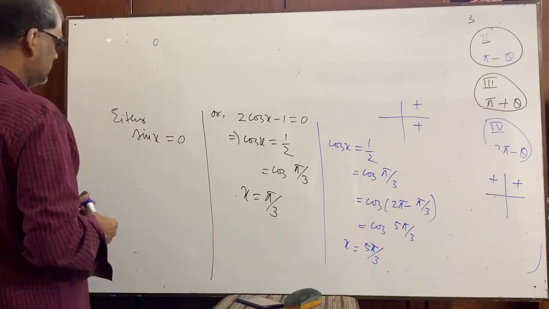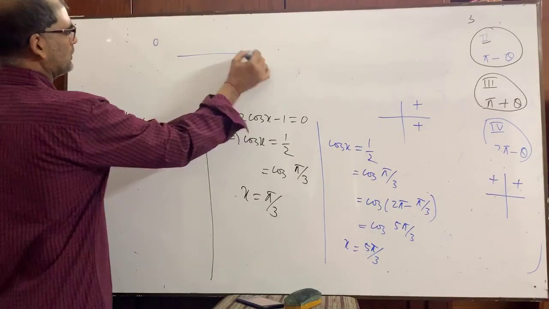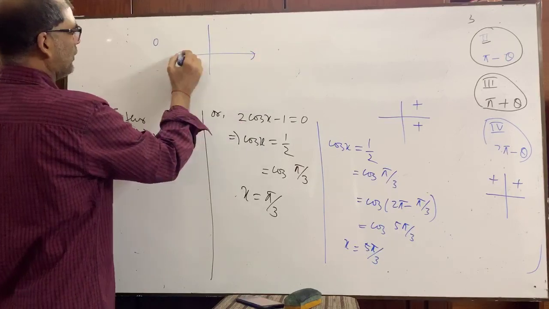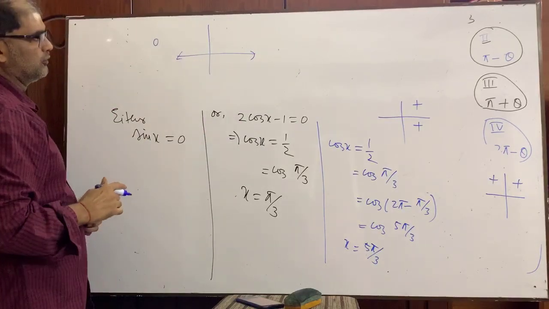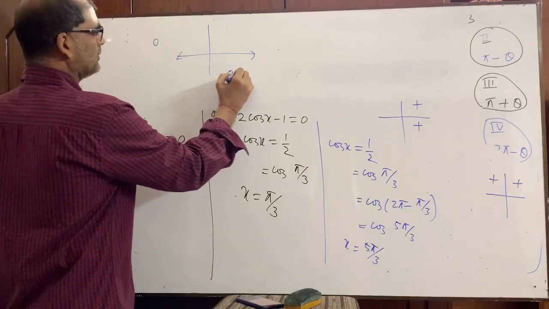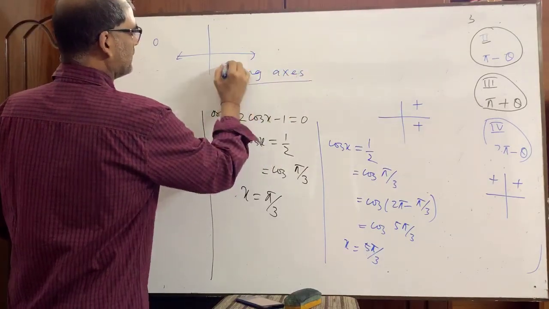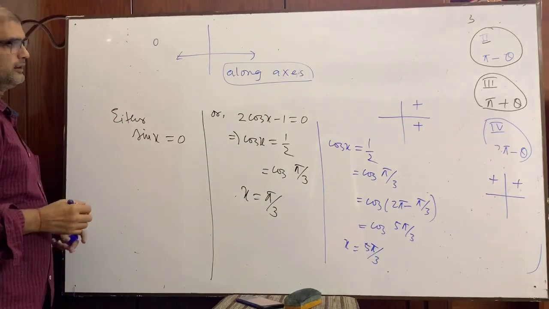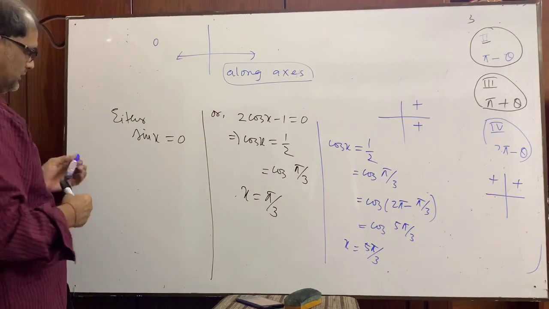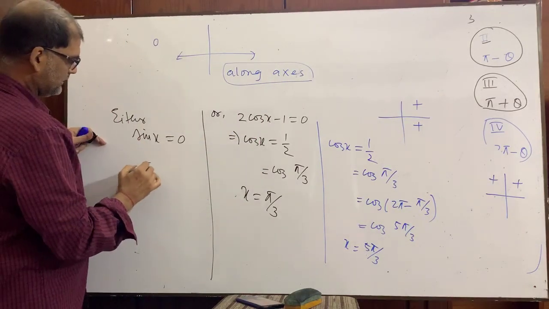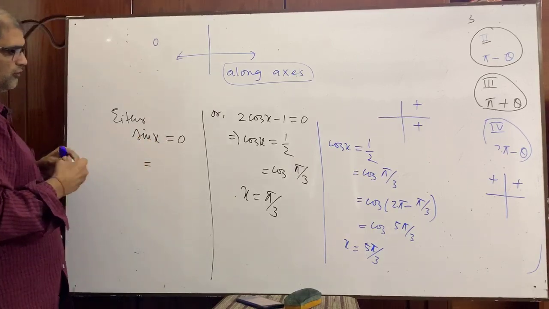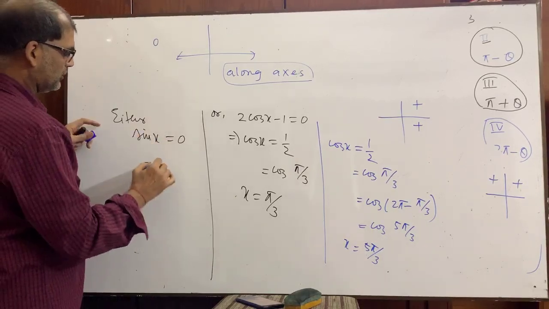So it lies along the axis. Anyway, you see sin x equals 0. That means sin 0 is 0.